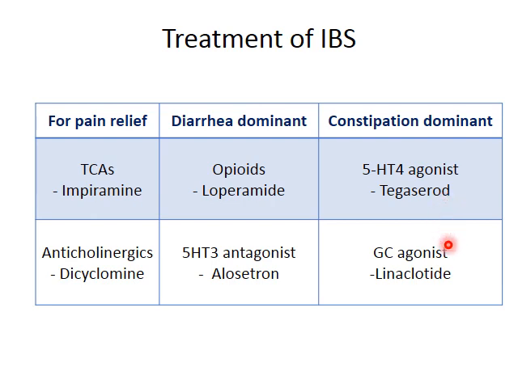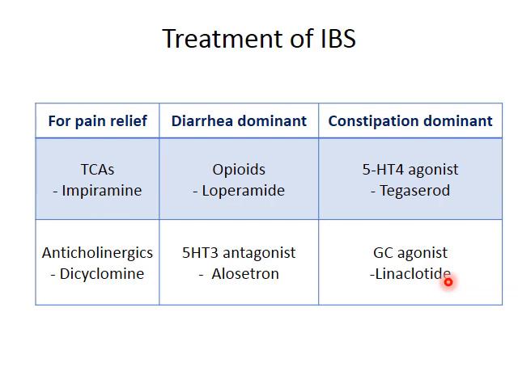Another drug is a guanylate cyclase C agonist, that is linaclotide. What it can do is reduce the activation of colonic sensory neurons, and it can reduce pain. It also activates the motor neurons in the intestinal tract, and it results in chloride rich secretion.